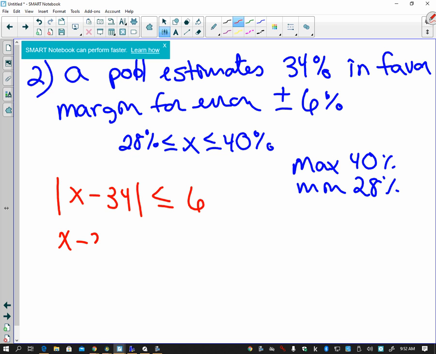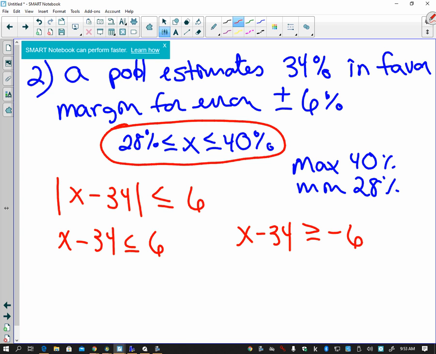So x minus 34 is less than or equal to 6, and x minus 34 is greater than or equal to negative 6. And let's see if we get 40 and 28 when we work that out. Okay, so I would add 34 to 6. What is that?